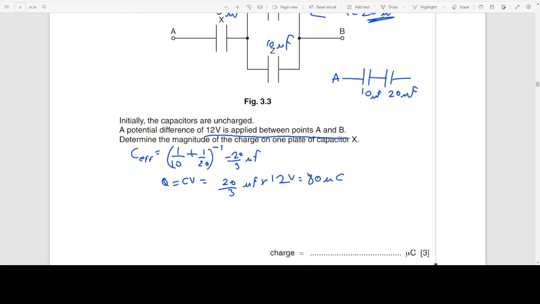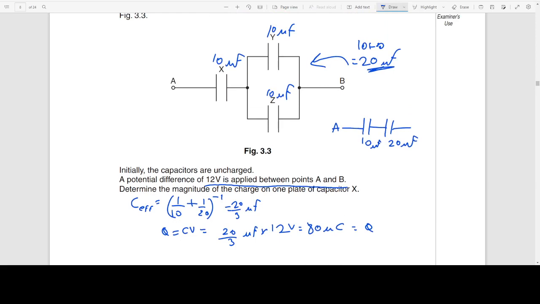And this 80 microcoulomb charge, let this be Q just for the diagram. So this 80 microcoulomb charge is what this capacitor X receives over here, plus Q, minus Q, and plus Q charge, the total of the plus Q charge in both of these, and minus Q would be the total in both of the negative plates.